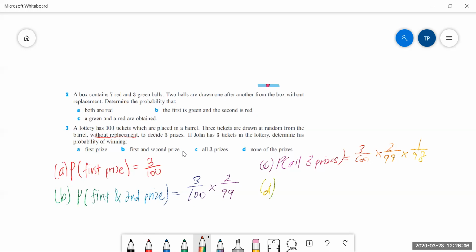Is it because... wait, let me think. None of the prizes. Okay, so probability of no prize. Let's say the first prize has already been taken.